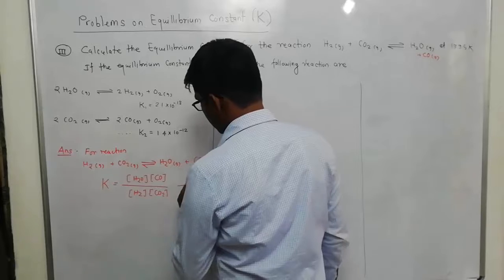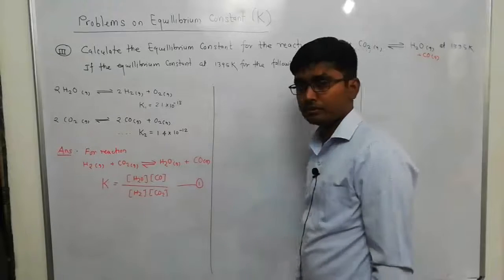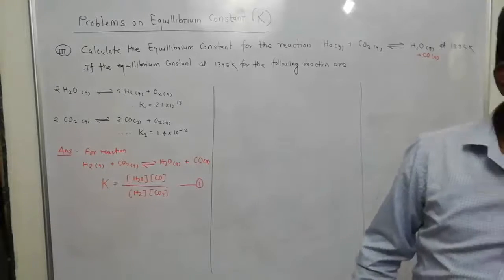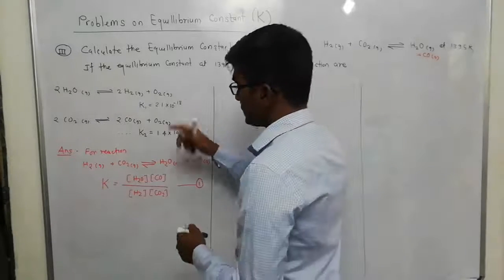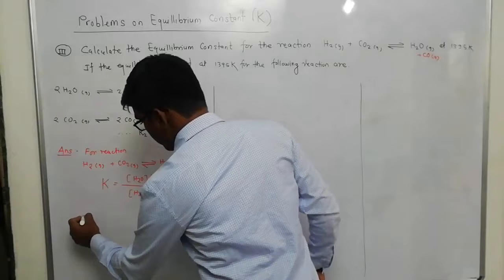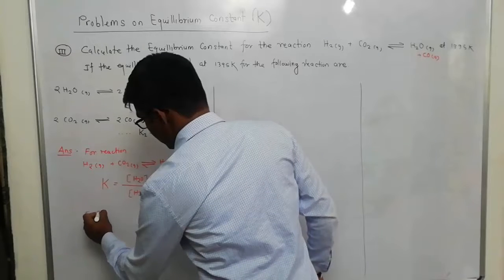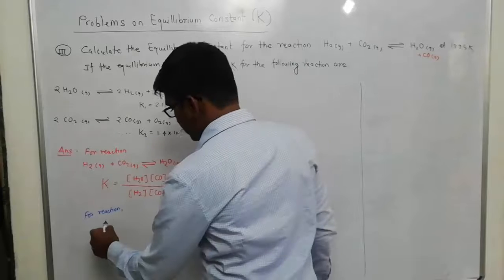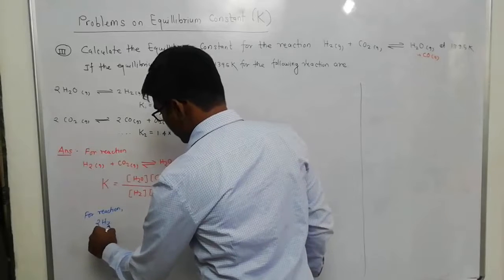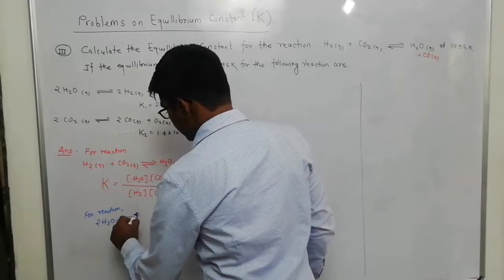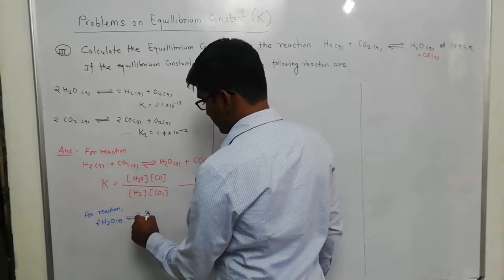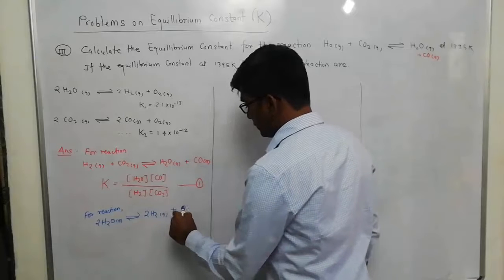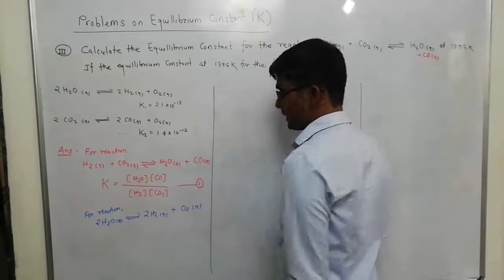Okay, so let us say this is the reaction number 1. Now for the second reaction, let us write the equilibrium constant for this reaction. 2 molecules of water in equilibrium with 2 molecules of hydrogen and 1 molecule of oxygen gas.